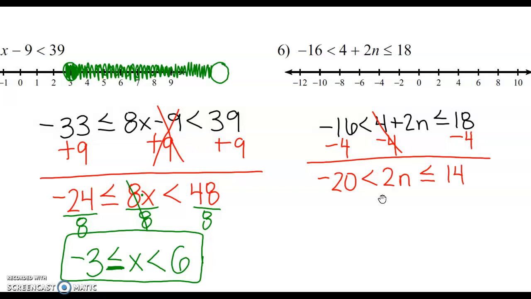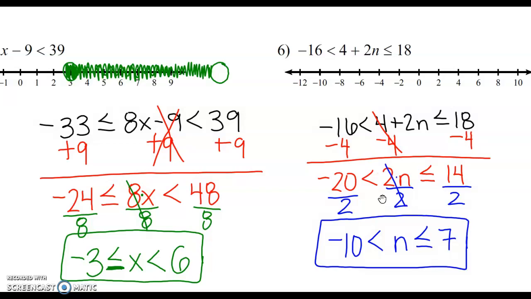To get rid of a multiply by 2 on the end, I would divide by 2 on the middle, the left, and the right. 2 over 2 cancels. I clean up. -20 divided by 2 is -10, less than n, less than or equal to 14 divided by 2 is 7.